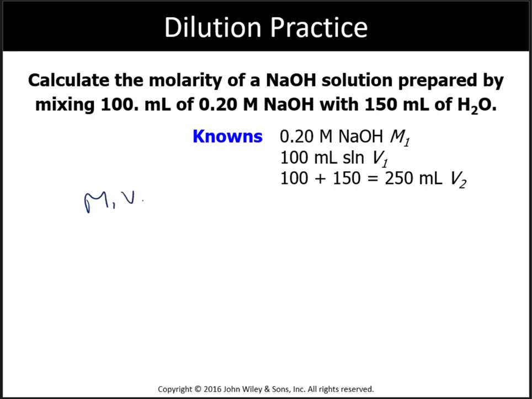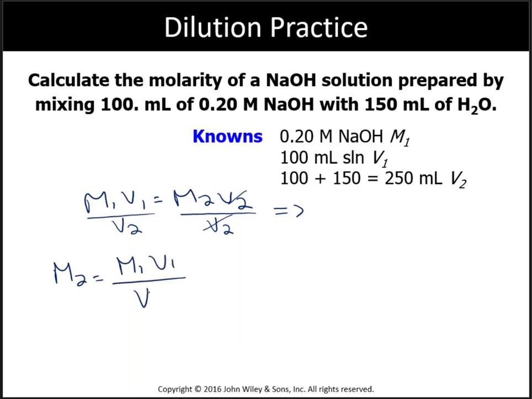So M1V1 equals M2V2. We're solving for M2. So in order to isolate M2, I'm going to divide both sides by V2. Therefore, M2 equals M1V1 divided by V2.